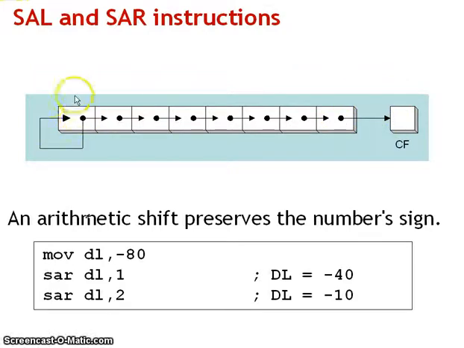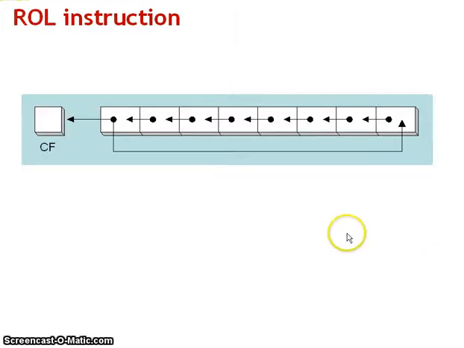For SAR, the sign bit value resides in the same place, that means the sign of the number is preserved. For example, if DL is minus 80 and I do SAR DL, 1, DL becomes minus 40. If I had used SHR instead of SAR, it would be 40. But since it is SAR, it is minus 40, the sign of the number is preserved.